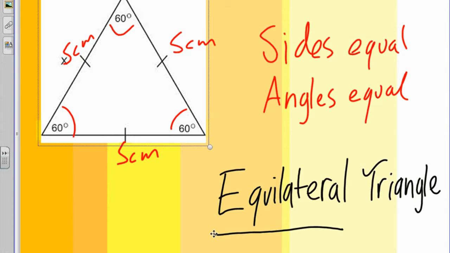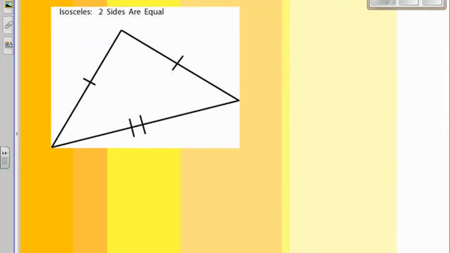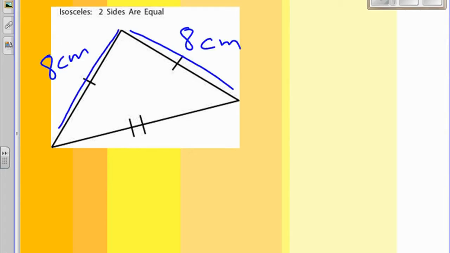Okay, let's have a look at the next type of triangle. Okay guys, I can see I've sort of given it away here. You can see that it says up the top that 2 sides are equal. I've indicated the 2 sides that are equal. They are 8 centimeters. There is another side. It is not equal to the other sides. The bottom of the triangle is 12 centimeters.